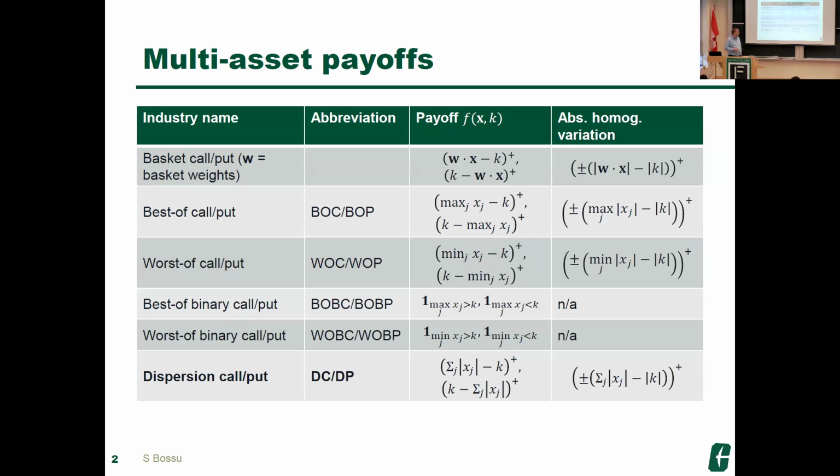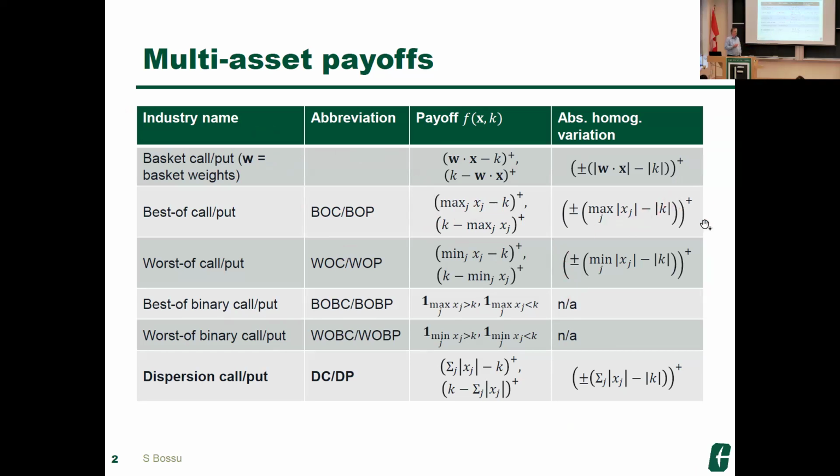For a put it's reversed. I'll talk afterwards about the absolute homogeneous variation. Then commonly found in industry are best-of calls and puts. So it's a call on the highest of, let's say, Apple, Microsoft, IBM price at the end, minus a strike, positive part, and you have a put version as well.